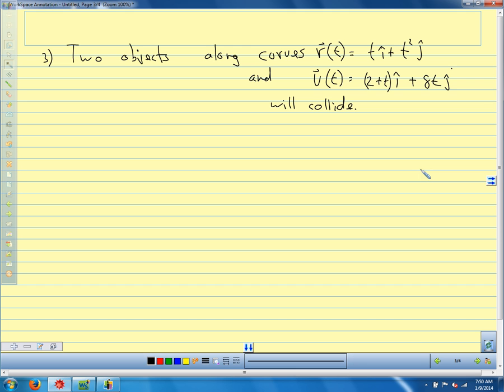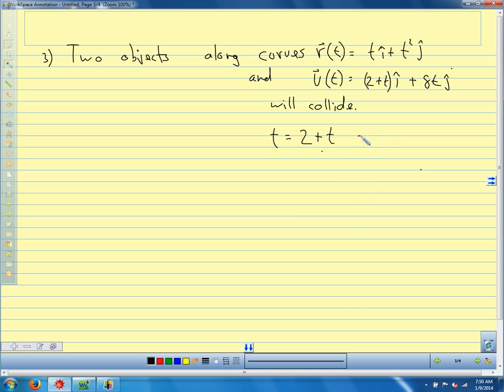We had someone brave say true. So in order for them to collide, what would have to be true? Their components would have to be equal. So what would that imply? For the x component, that would imply that t equals 2 plus t, for the x components to be the same.